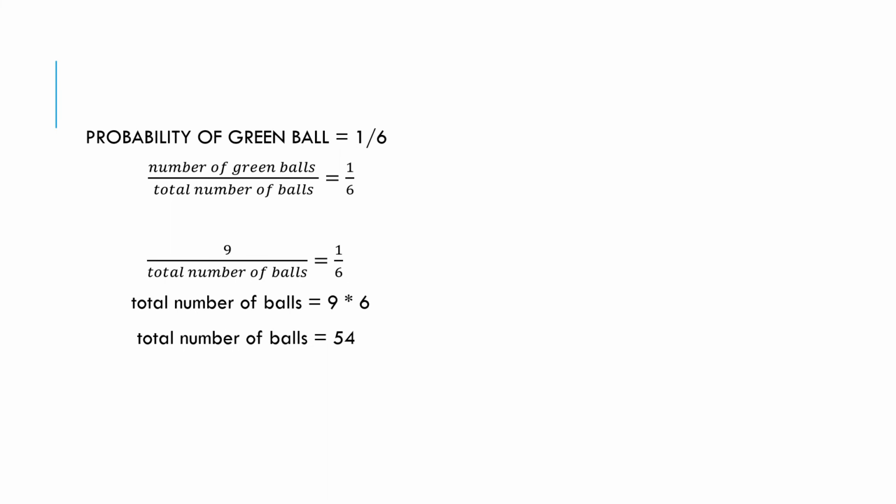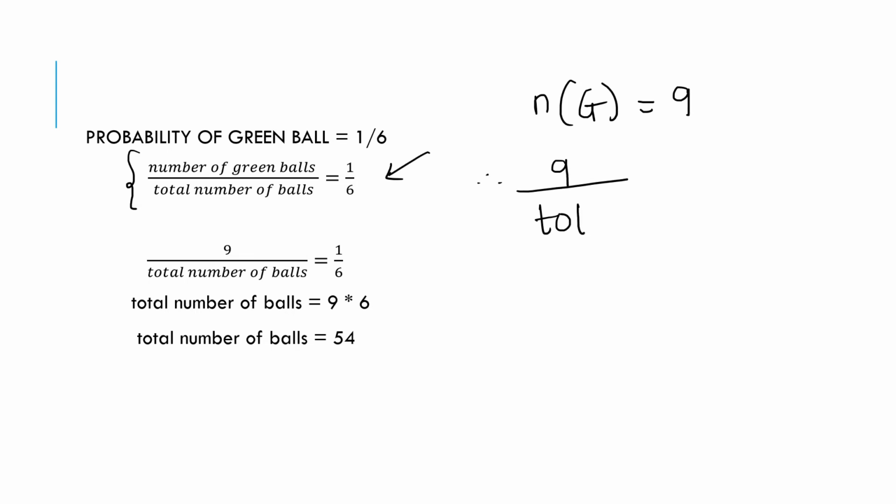The formula for calculating probability is the number of green balls divided by the total number of balls, equal to 1 by 6. The number of green balls is already given in our question, which is 9. So when we substitute into this formula, it is 9 divided by the total number of balls, equal to the probability 1 by 6.